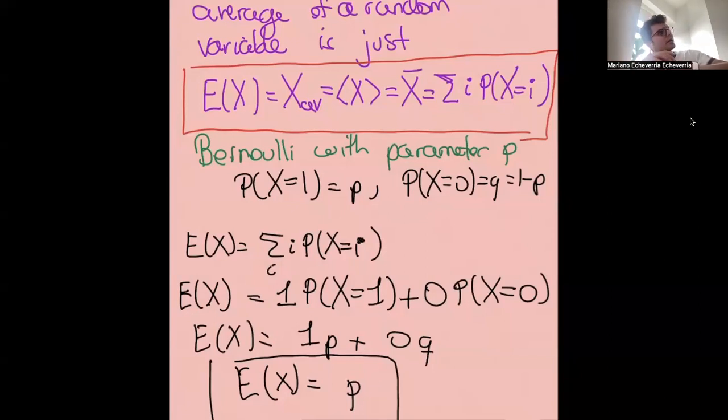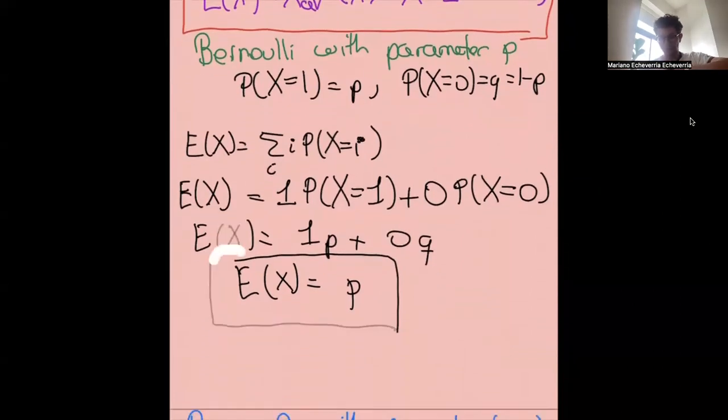All of those experiments that have only two outcomes fall into the category of a Bernoulli random variable. You call them parameter P because now you're allowing for the possibility that both outcomes have different probabilities. So this one was the most basic random variable.